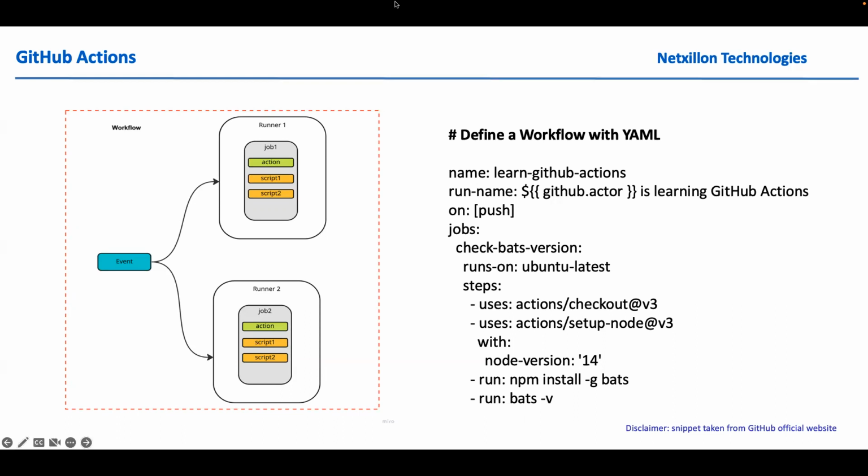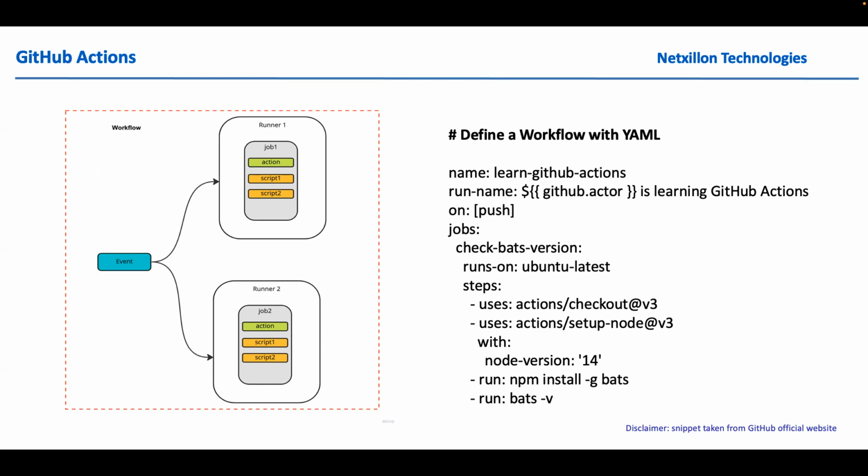So for example, if we look at this workflow YAML file, I've given it some name and some run name. And I'm saying on push, whenever we do a push to this Git repository, you should run a job which has the following steps.